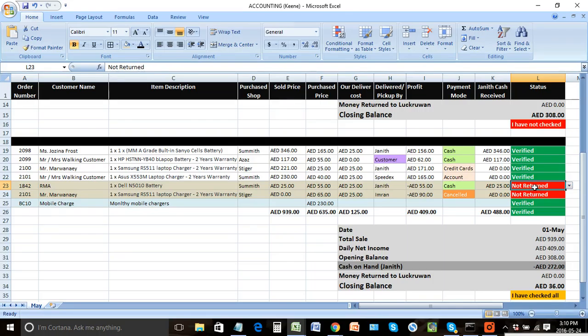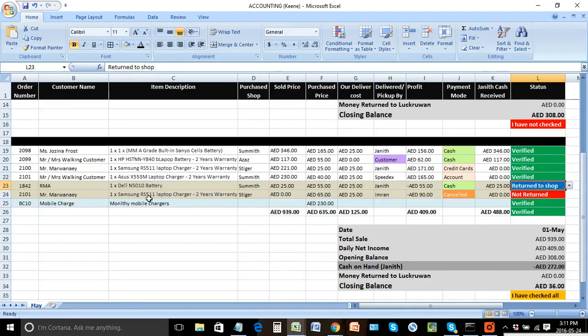So make sure you click that. It won't be verified, it will be not returned or returned. So you need to ask Janet whether the RMA returned to the shop or not. RMA returned to the shop means Janet received the defective item and returned it to the shop again.